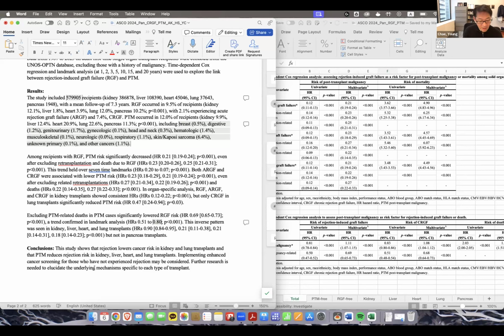Underlying mechanism of what? T-cell mediated mechanisms. I would say underlying T cell biology. Yeah, that's better. It kind of connects to the T cell hypothesis from the introduction.